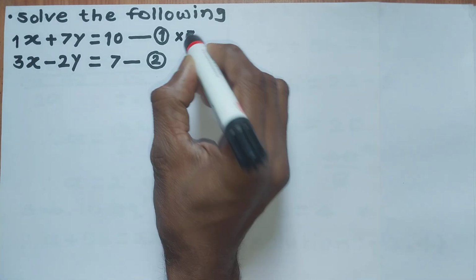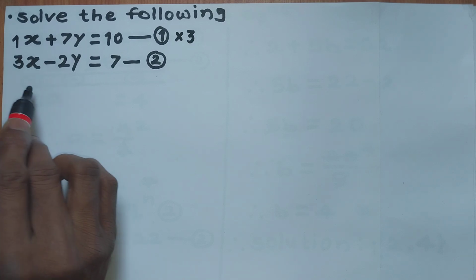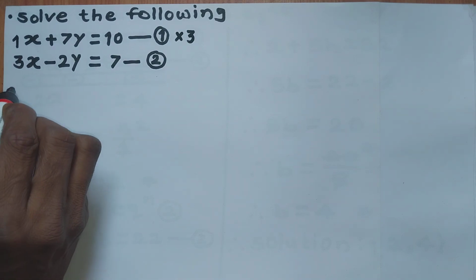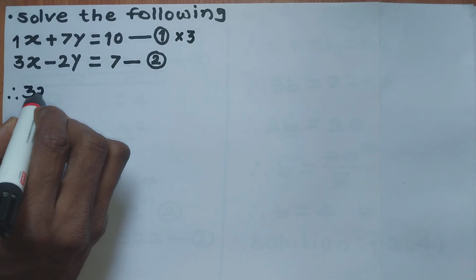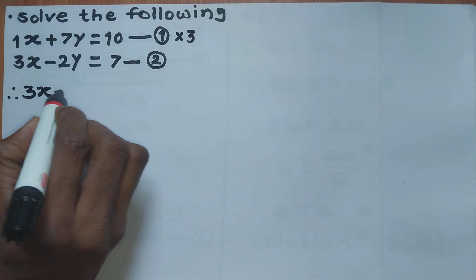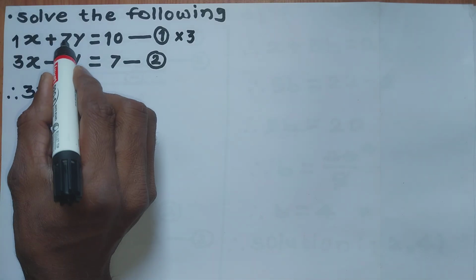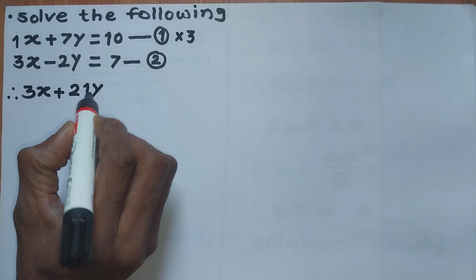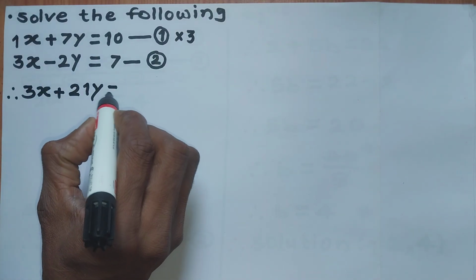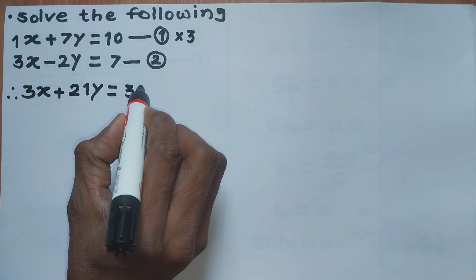Multiplying equation 1 by 3, then we reduce 1x into 3x. Therefore, we get 3x plus 7 into 3, 21y is equal to 3 into 10, that is 30.